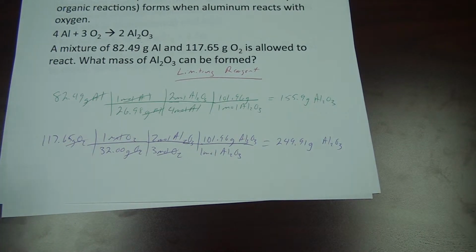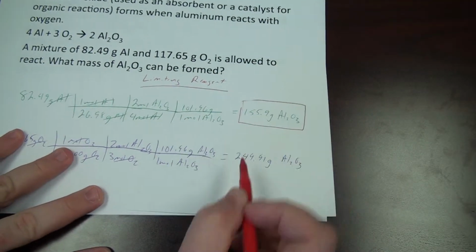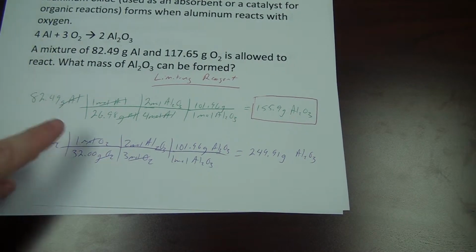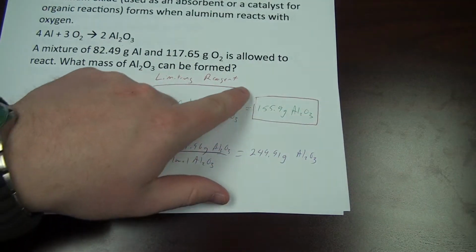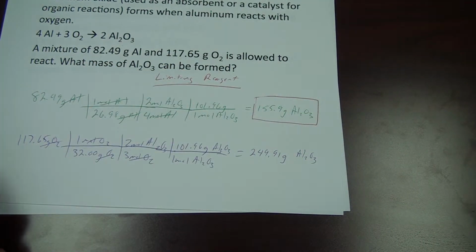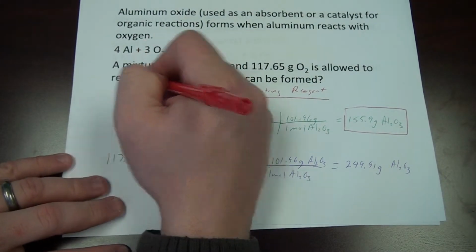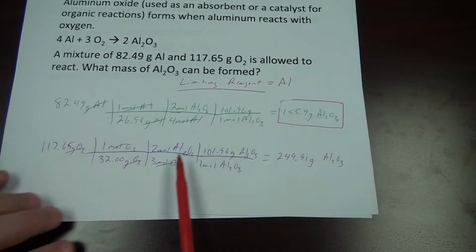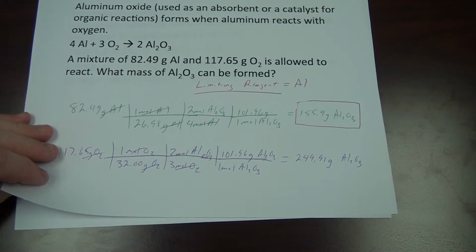We're only going to be able to produce the smallest amount. So the actual answer is going to be the 155.9, because that's going to limit the amount of product that we form. So the amount we form is this 155.9, which makes aluminum the limiting reagent, and oxygen is the excess reagent.